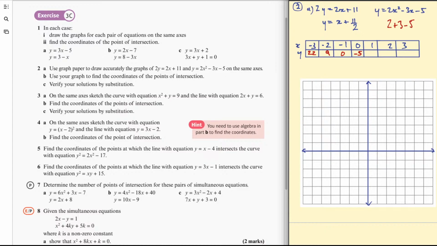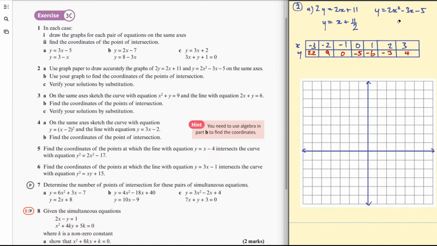Plug 1 in, we get 2 take 3 take 5, -6. Plug 2 in, so this is 8, take 6, take 5, negative 3. And then plug 3 in, we get 18, take 9, take 5, 4.